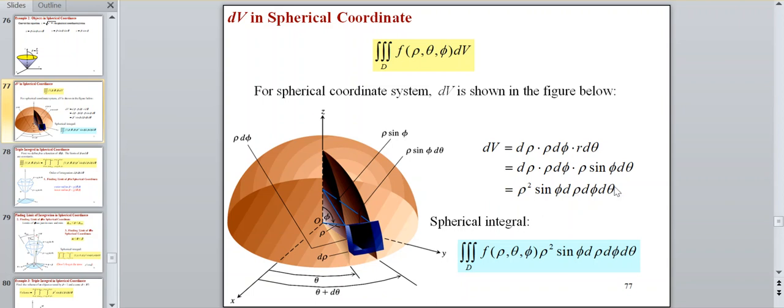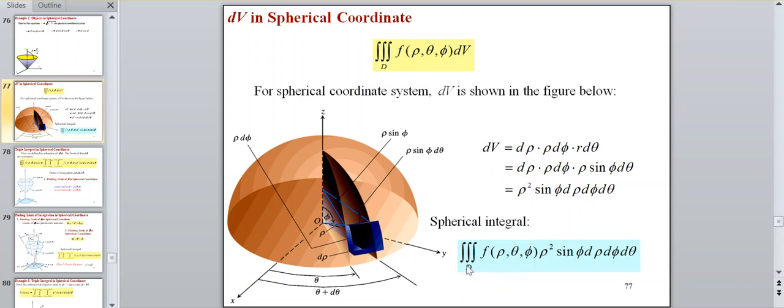If you wonder where this rho squared sine phi is coming from, later when we are talking about the substitution in triple integrals, you are going to know where it comes from. For now, just bear in mind that dV equals this.